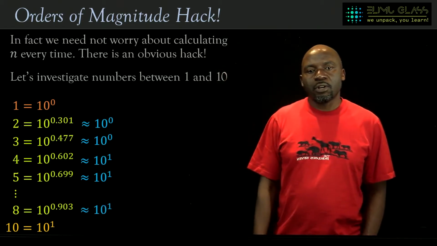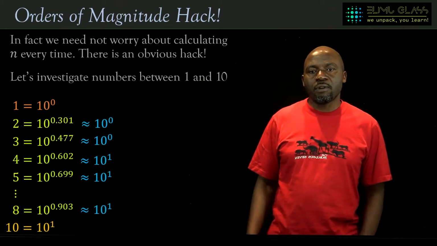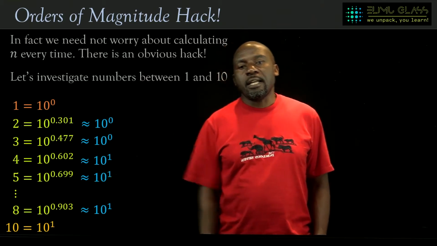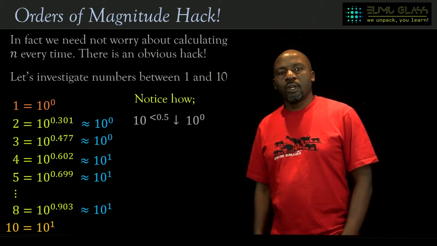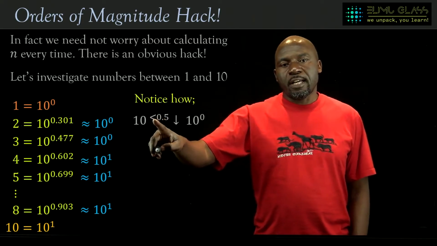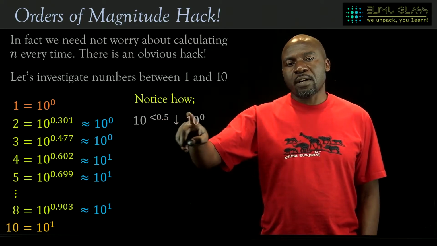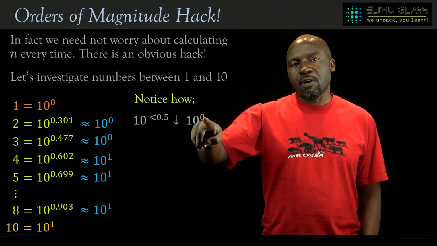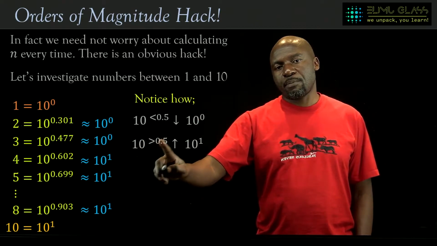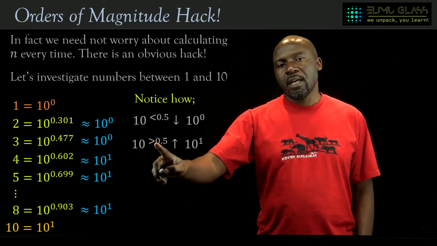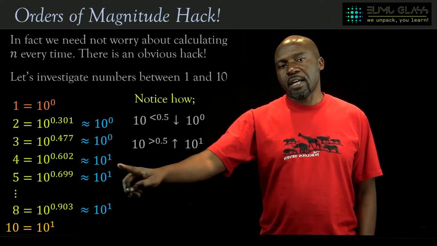So 8 is also going to be closer to 10 to the power of 1, and of course 10 is 10 to the power of 1. So if you look at this, numbers whose powers are less than 0.5 will round down to 10 to the power of 0, whereas if the number here is greater than 0.5, it will round up to 10 to the power of 1.